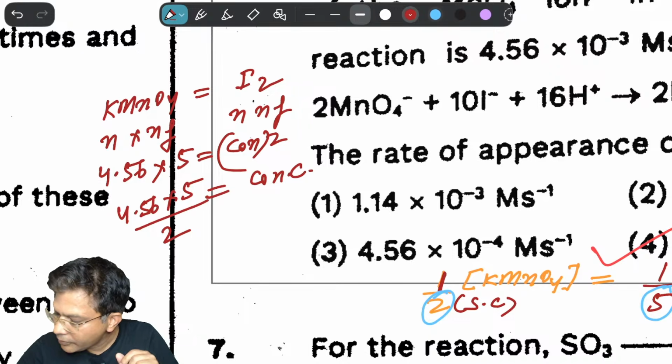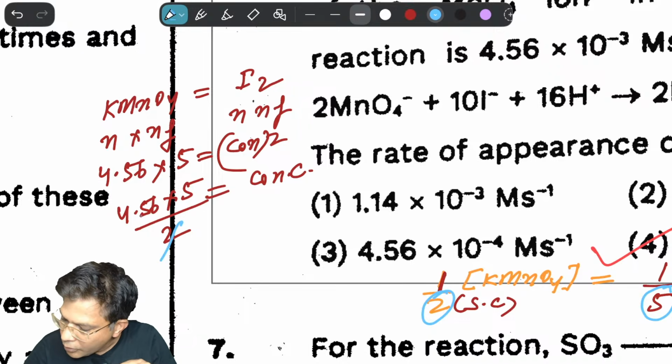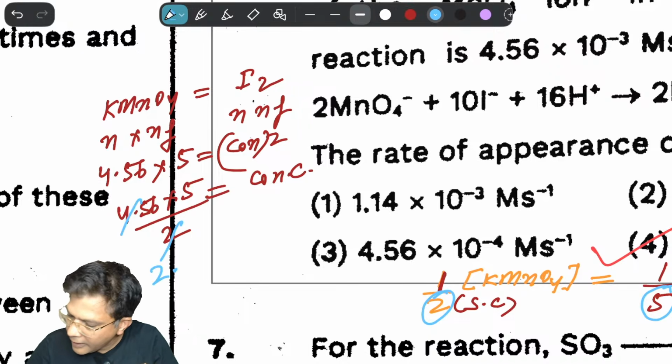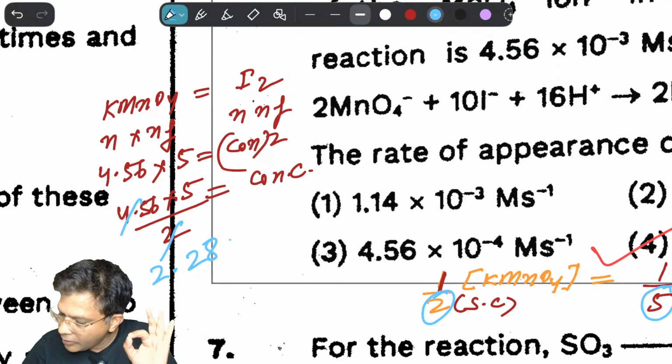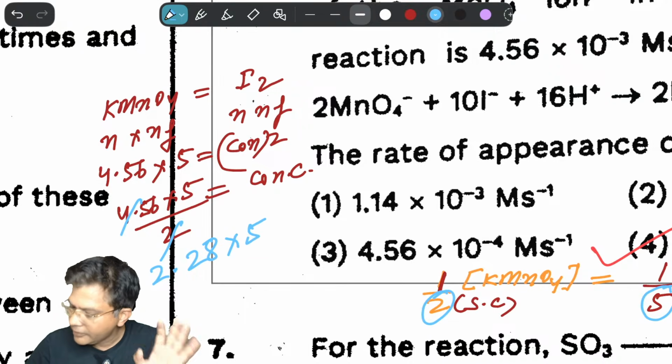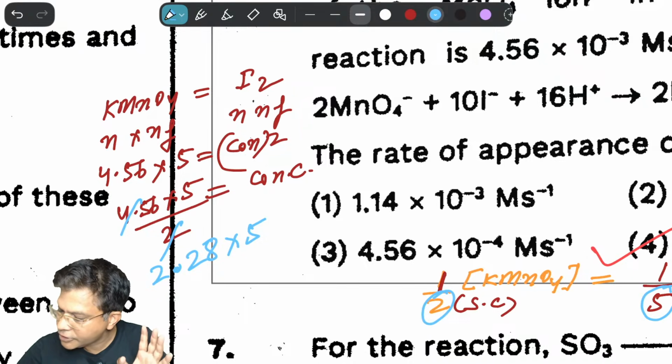First, 2 2s are 4, 5 6s are 56, 56 divided by 2 is 28. Now into 5. So what should I do? 2.28 into 5 will become how much?